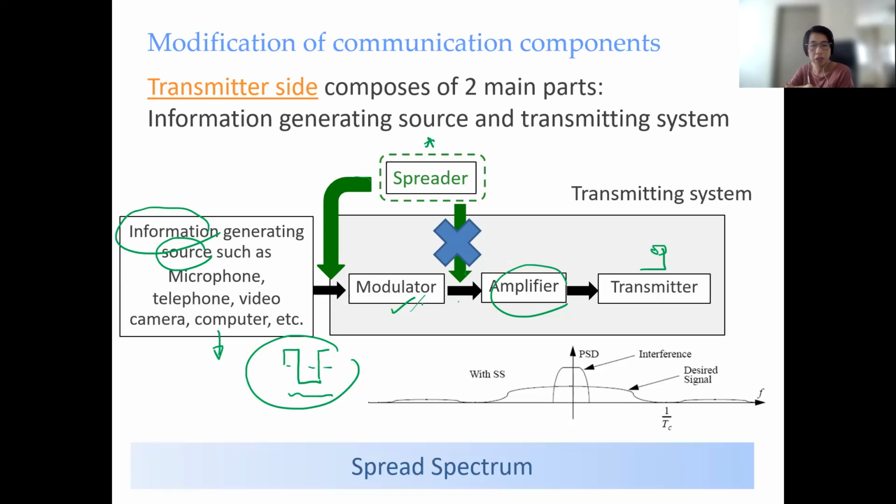But for direct sequence, what you have to do is add the spreader here, before the modulator. So what I mean is that you need to modify the data before it goes to the modulator. Okay, so this step is called the spreader. This one will make the bandwidth of the signal wider. It's not just jumping to make the spectrum wider, but modifying the signal before doing the modulation.